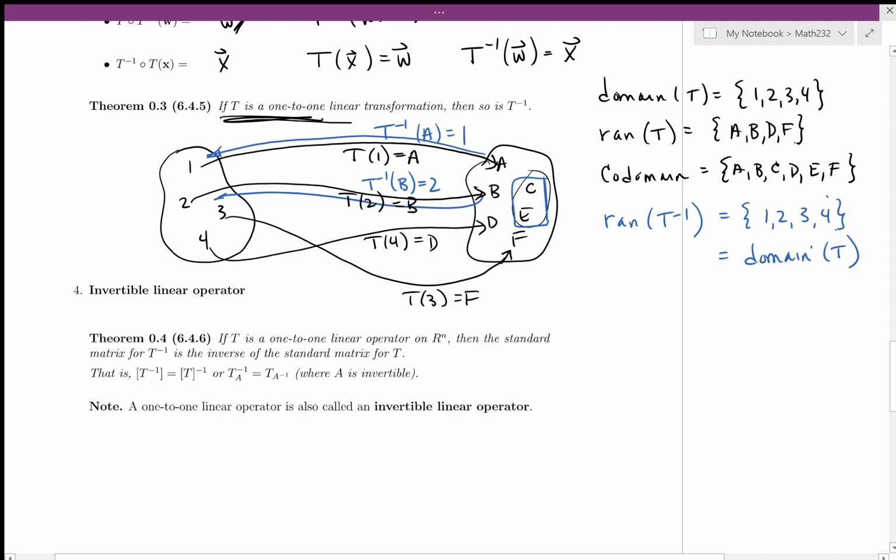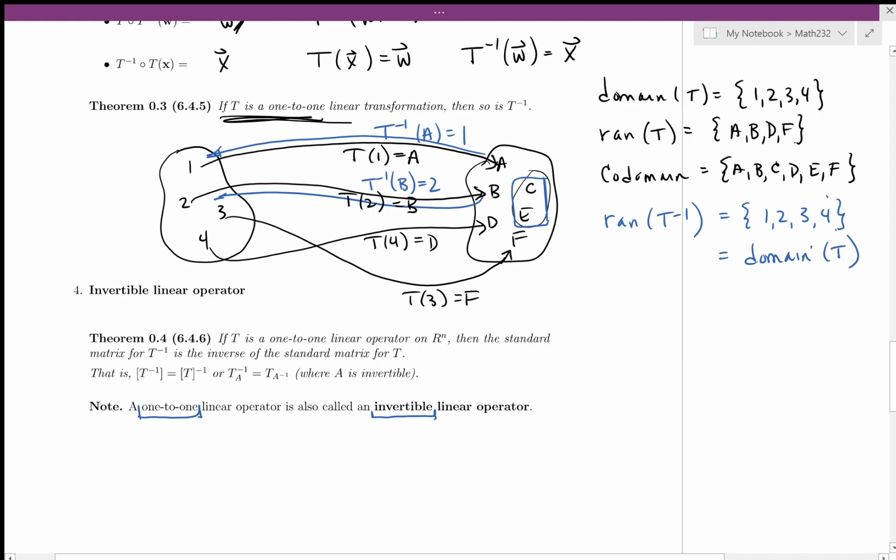The final thing to say here is that we sometimes will use this word here, invertible, instead of this word here. So one-to-one linear operators are invertible. So we might call a one-to-one linear operator an invertible linear operator. Okay, and we have a statement here that if we have a one-to-one linear operator, then the standard matrix of the inverse is the inverse of the standard matrix. So that's this here.